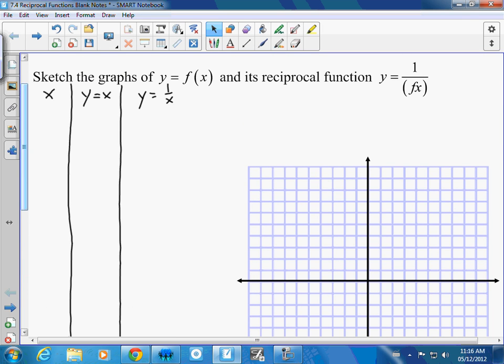Okay. Now, this is a standard grid, which means it's negative 10 to positive 10, both x and y, right? So we're going to use those numbers. So let's pretend x is negative 10. Okay? If x is negative 10, what's y? Negative 10. It's really quite easy, right? That won't change. You're welcome.